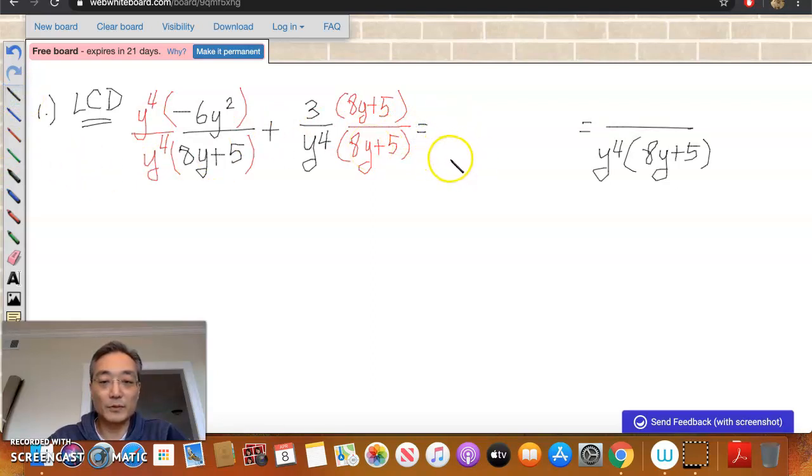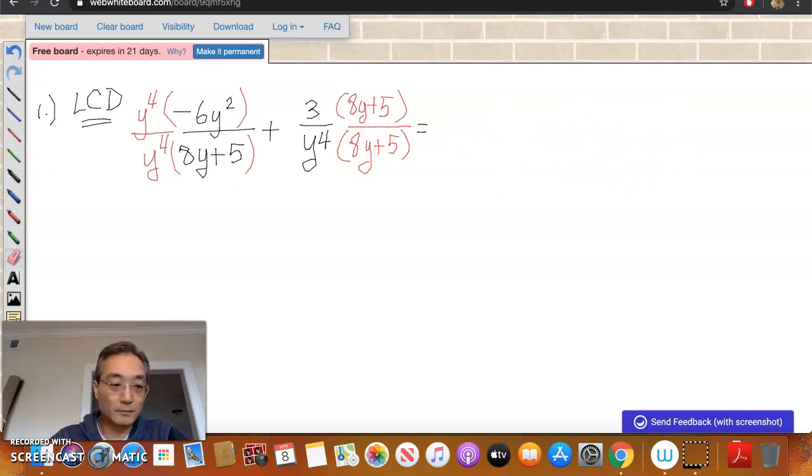I think we can extend this, so let me erase this and rewrite this a little bit. So y to the fourth times 8y plus 5.